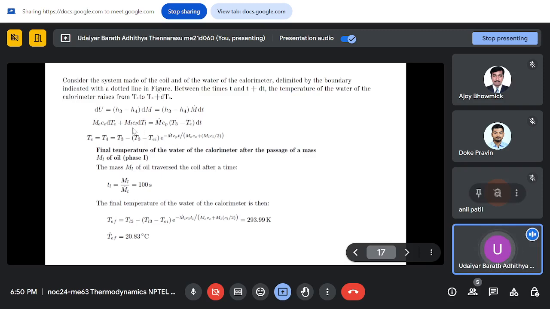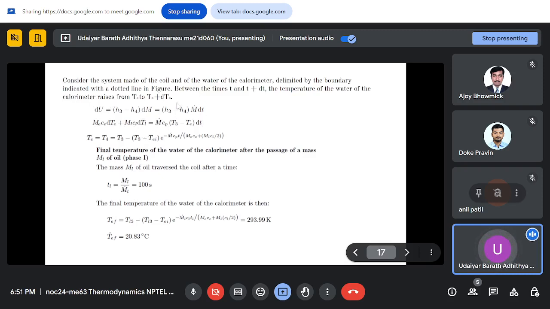So TE we have written, and the internal energy change is nothing but m_w C_w, this is water, times the change in temperature of water, plus m_L C_L times the change in temperature of the oil. So m_L is the mass of oil in the coil, C_L is the specific heat of the oil, and the temperature change is of the oil in the coil. So this is the change in internal energy.